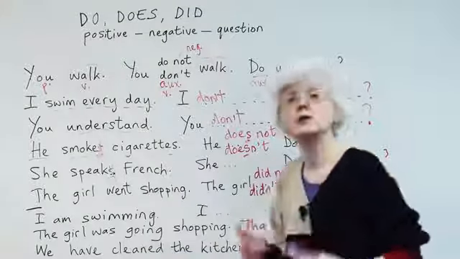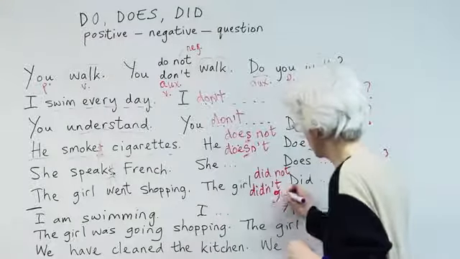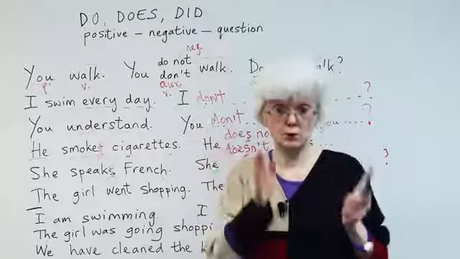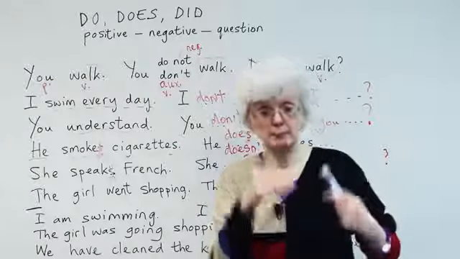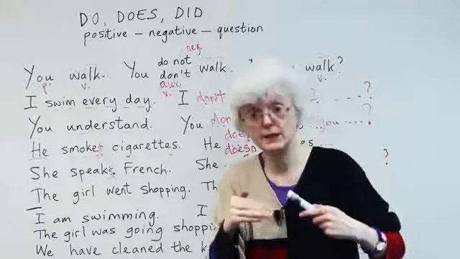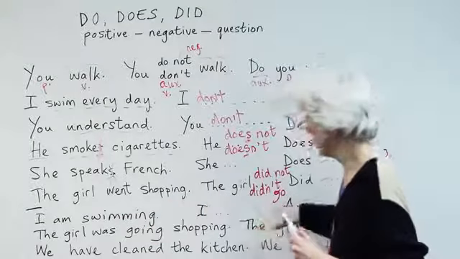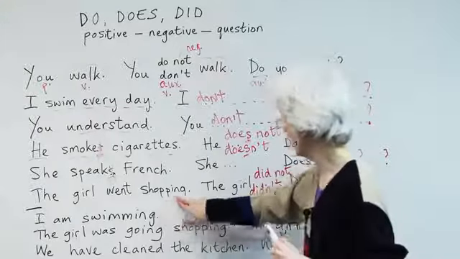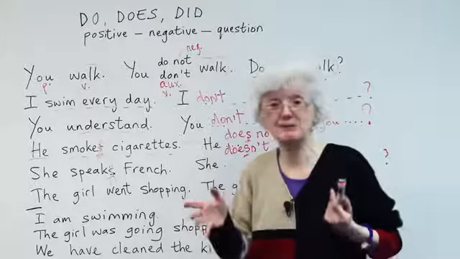The girl didn't go shopping, right? Go. So go comes from the verb to go. So you have to go back to the base verb, the main verb from the infinitive, to go. So the girl didn't go shopping. Okay, so that's another complication. Sorry about that, but I don't make the rules.